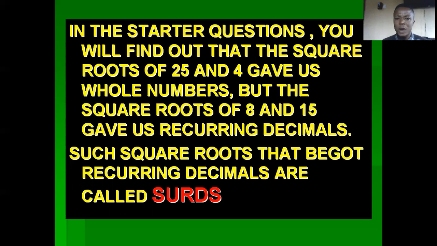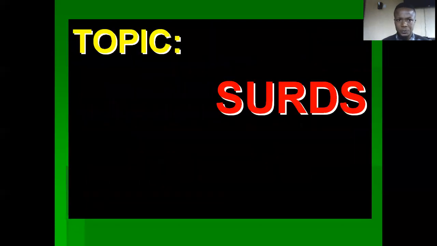Now, such square roots that give recurring decimals are called surds. So whenever you get the square root of a number and it gives you recurring decimal values, it means that the kind of square root is known as what? Surds. All right? So this takes us into a very nice topic in mathematics known as surds. S-U-R-D-S, surds.